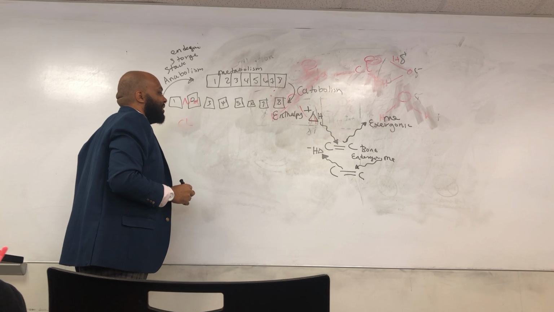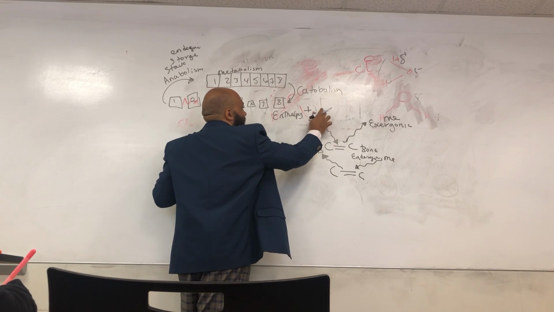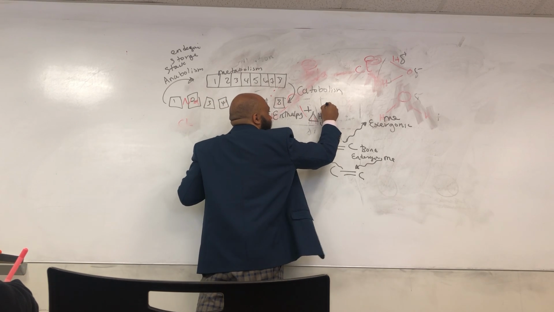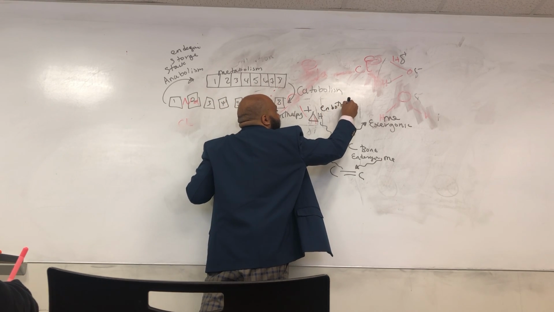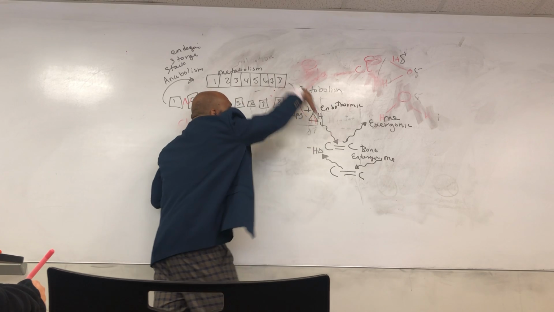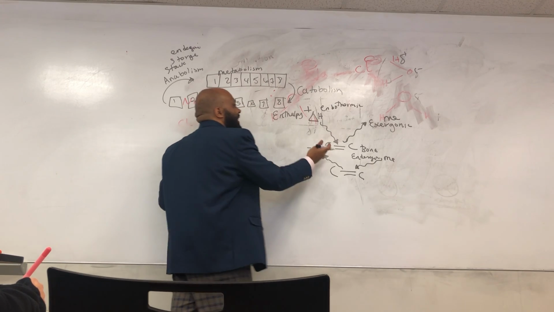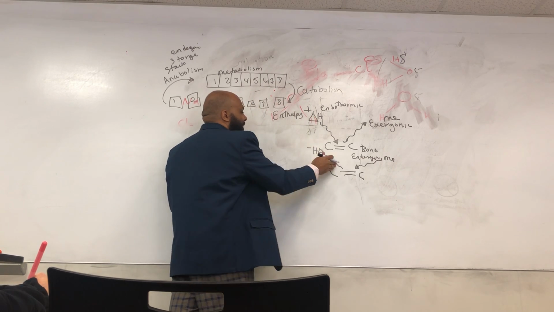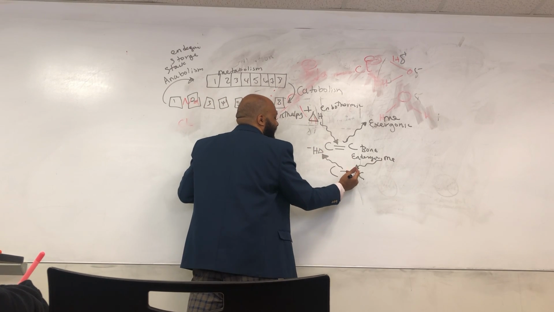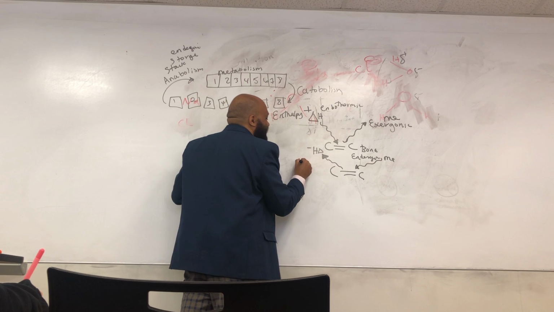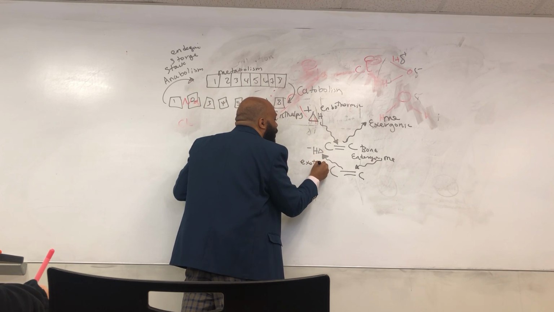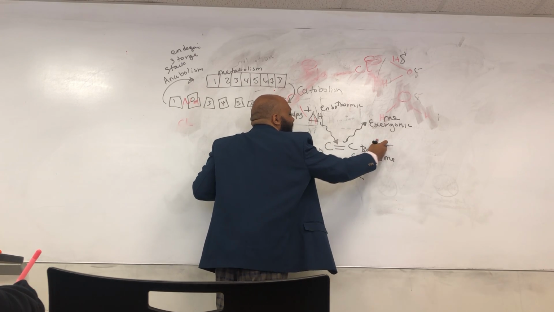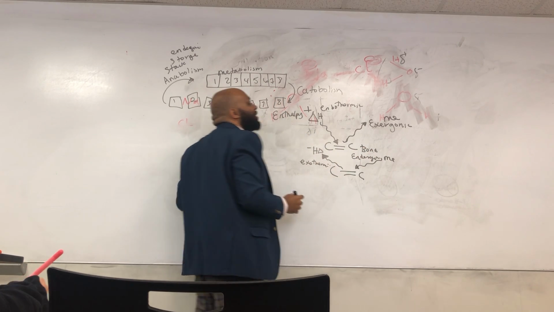When I put heat in, that's endothermic. So the temperature is going in, endothermic, but the energy is exiting, that's exergonic. Here, when I want to build up, the heat is coming out, that's exothermic. But the energy is leaving me and entering the bond, that's endergonic.